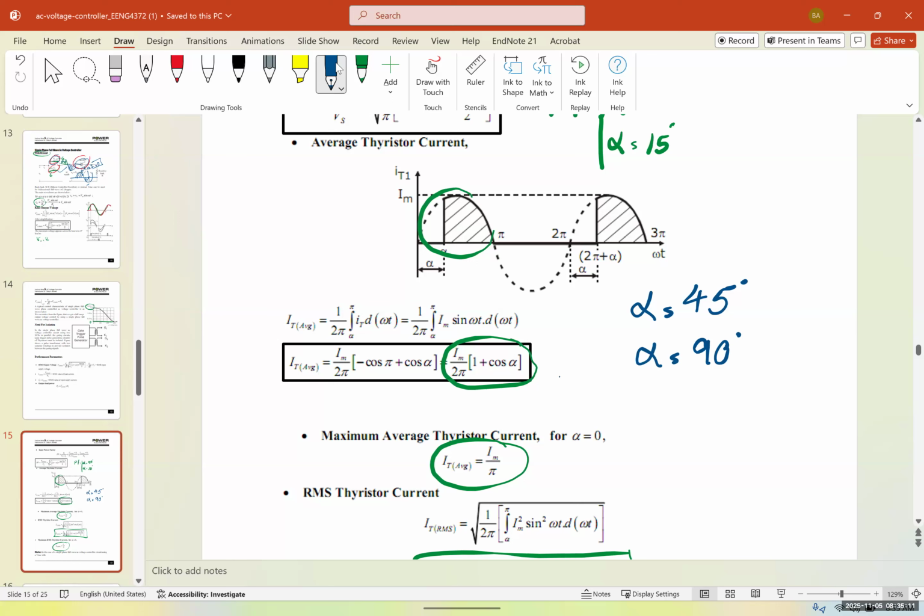Oh, and by the way, Im is, let's say, 5 amps.